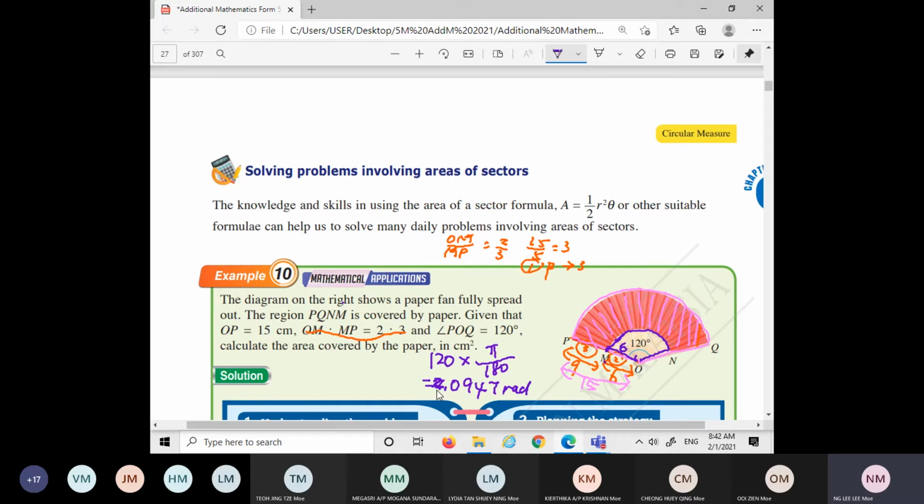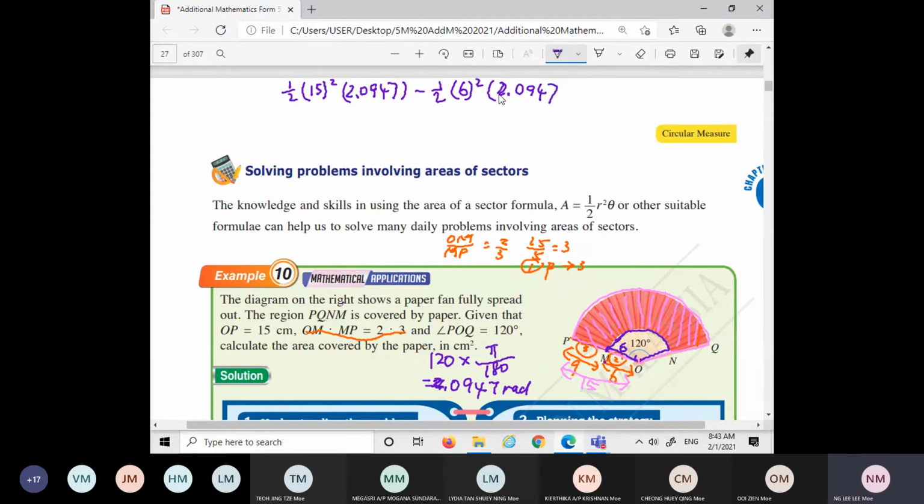So very simple. The big sector minus the small sector is your answer. So half, the big one is 15 for the radius, r squared theta, where theta is 2.0947, minus half, for the smaller sector the radius is 6, the blue color one, with the same angle.